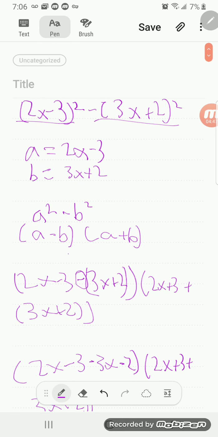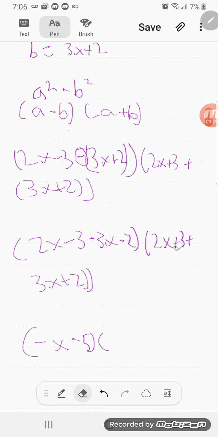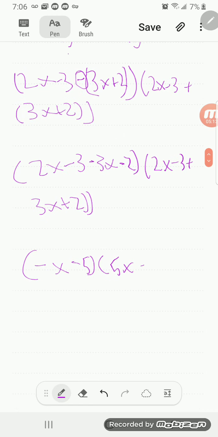That's supposed to be 2x minus 3. My bad for the error. So it's always been 2x minus 3 for this side. 2x minus 3 plus 3x plus 2: what is 2x plus 3x? That's going to be positive 5x. What is negative 3 plus positive 2? That is going to be negative 1.